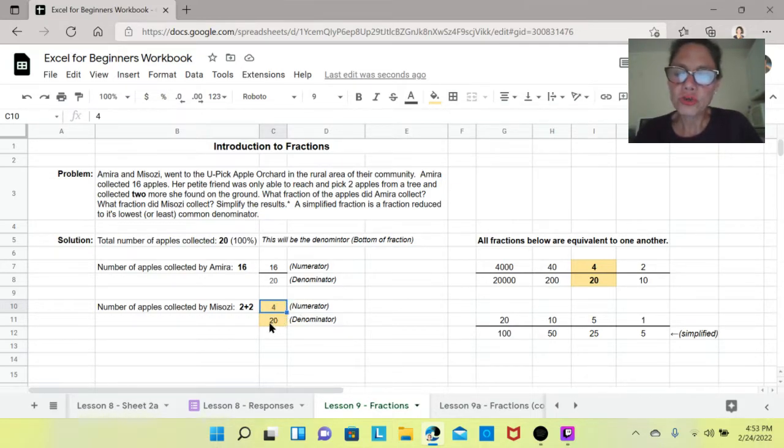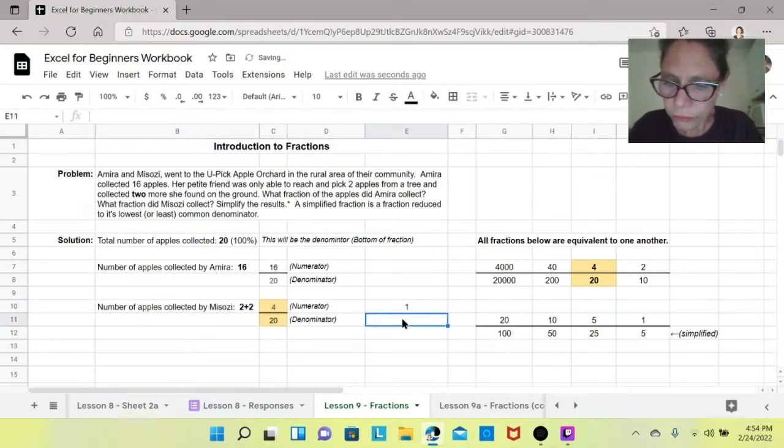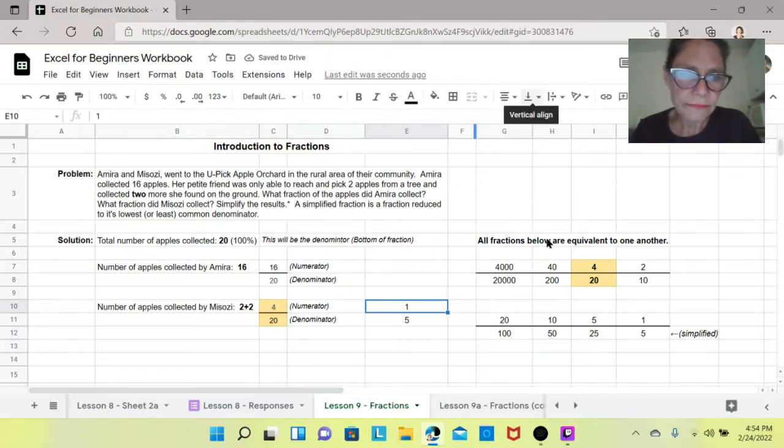So 20 divided by 4 would be 5. So it would be 1 over 5. That's the simplified result. We'll get to this later, as you see here.